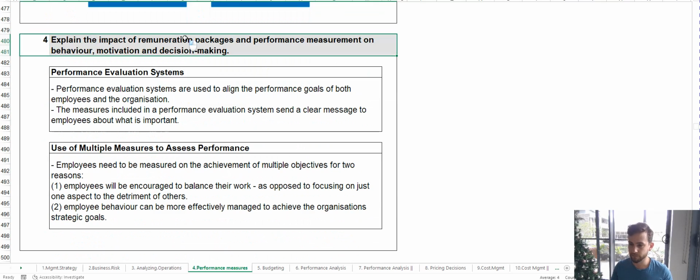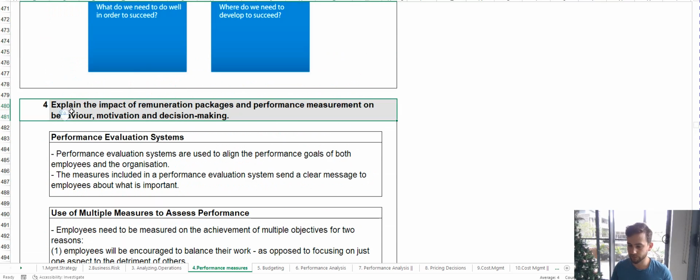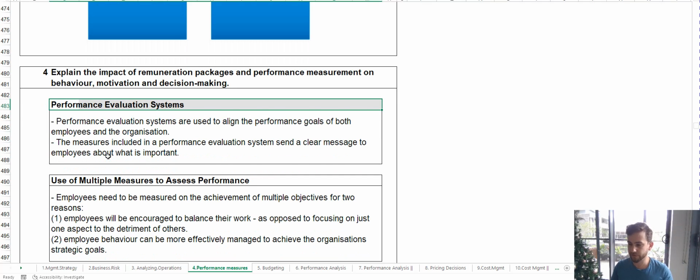Okay, now we're on to the 4th subtopic, the last subtopic of this chapter, which is explain the impact of remuneration packages and performance measurement on behavior, motivation, and decision-making of staff. So the first thing is performance evaluation systems, which we talked about at the very top. Just to remind you, they're the systems used to align the performance goals of the employees and organization together.